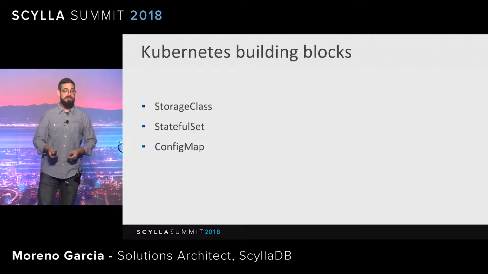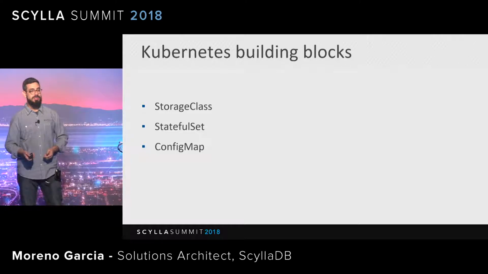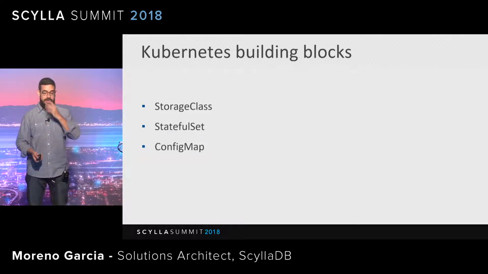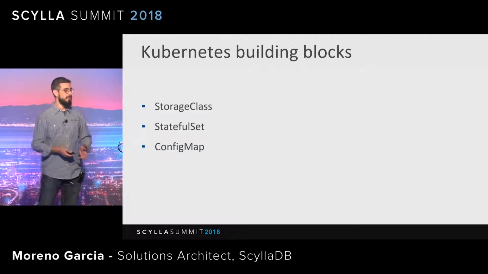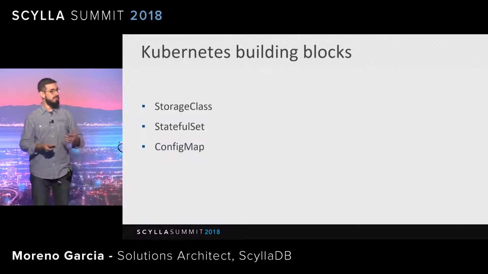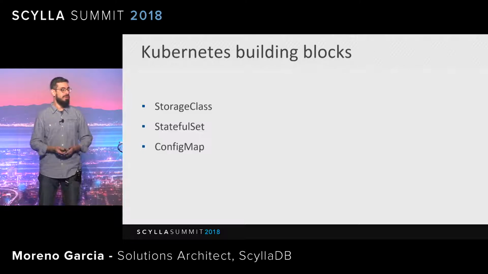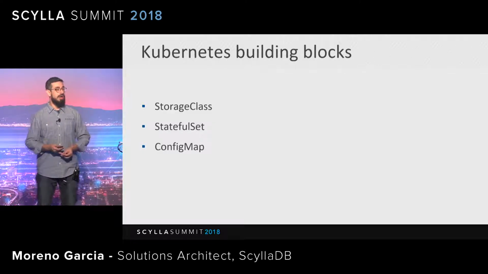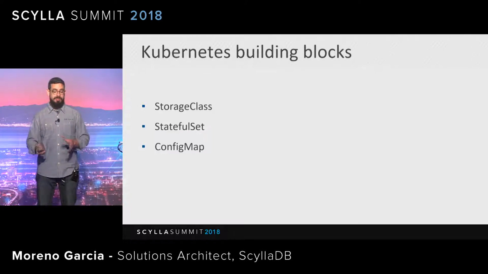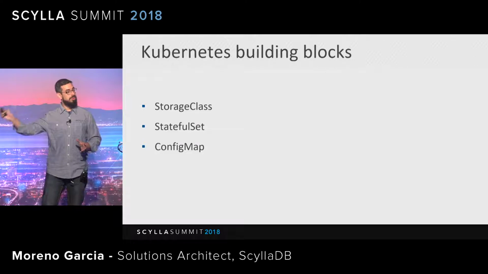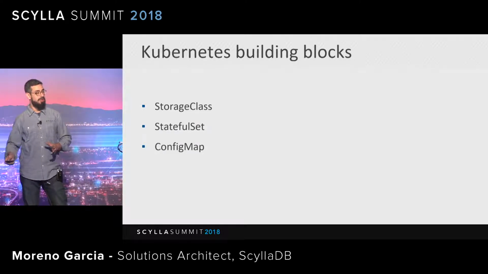So these are some of the structures in Kubernetes that we use to deploy Scylla. The first one is the storage class. The storage class is heavily dependent on your infrastructure, the types of disks that you have, the type of hardware. So usually you create the storage class based on what you have available. And after you have that storage class, you'll be able to use it later in the stateful set.